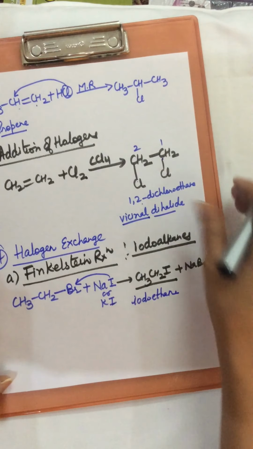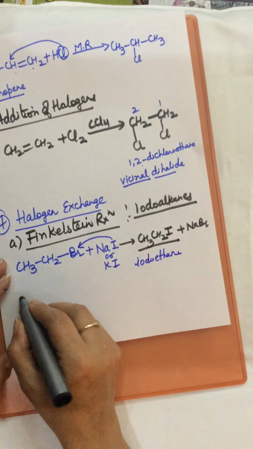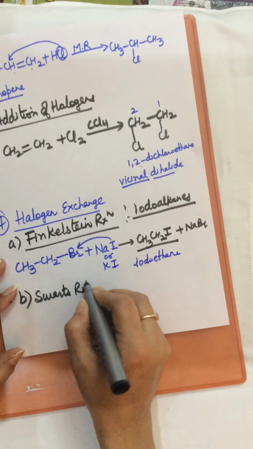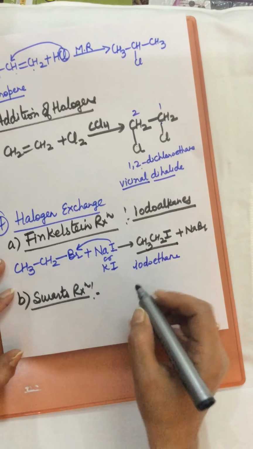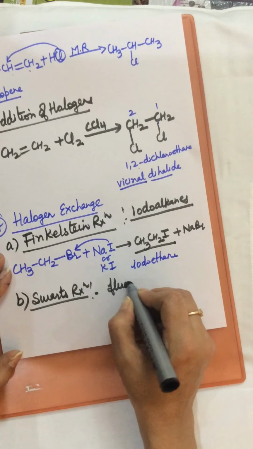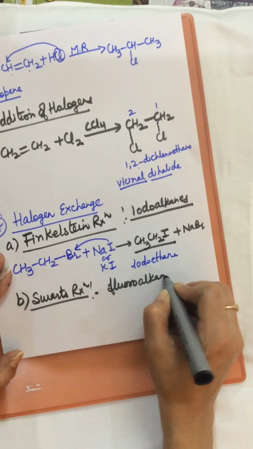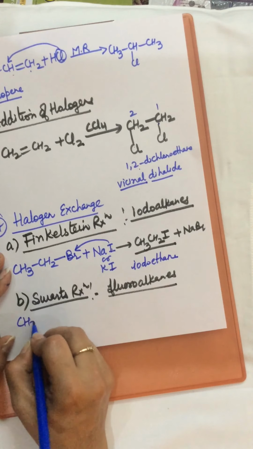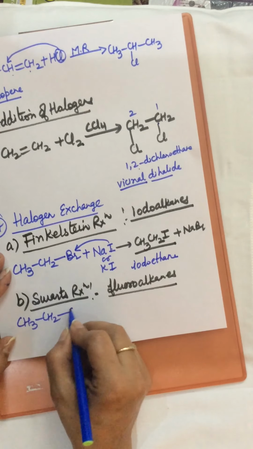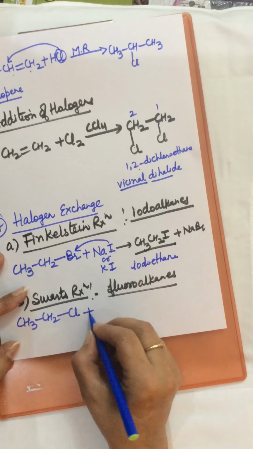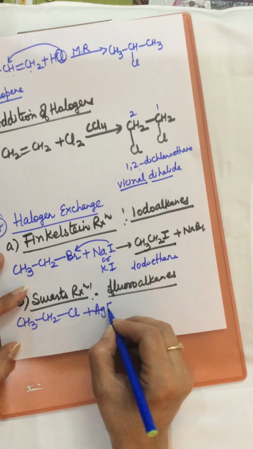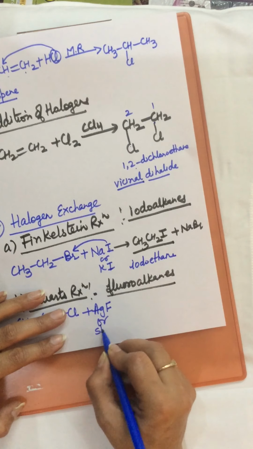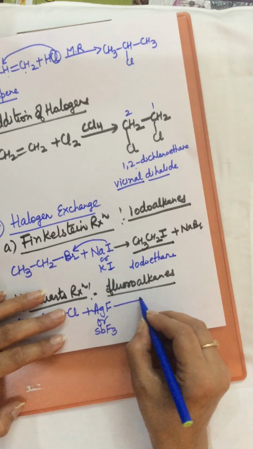The second method here is the Swarts reaction. This reaction is specifically to prepare fluoroalkanes. To prepare fluoroalkanes, this method is used. Again, for this, we take either chloroalkane or bromoalkane and react with a compound that has fluorine in it, like AgF, or we can take SbF3 here.